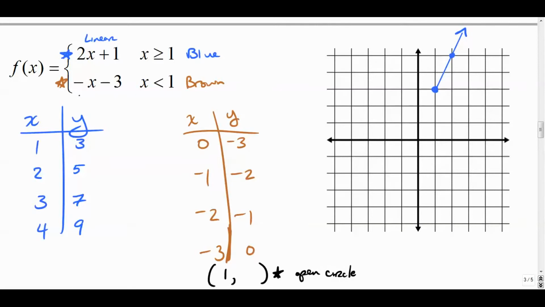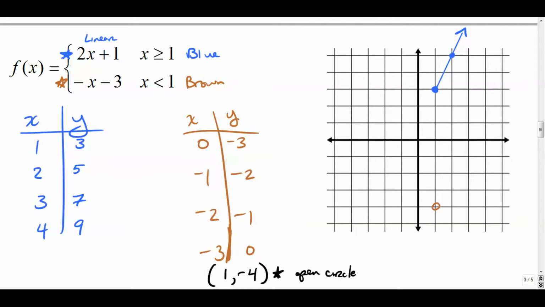If I plug in 1 here, I get 1 minus 3, which is -2. I'm going to put all those points on my graph. So 1, -2 is open. Again, it's open because there's no equal sign underneath there.